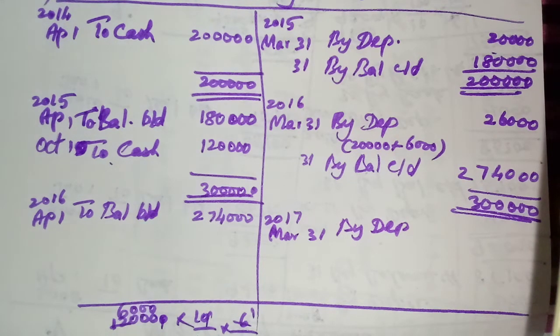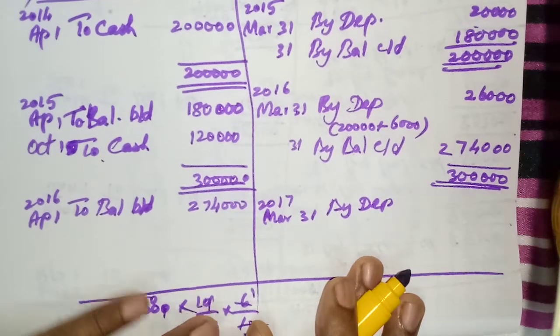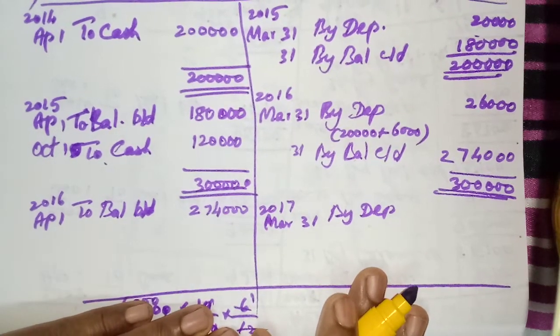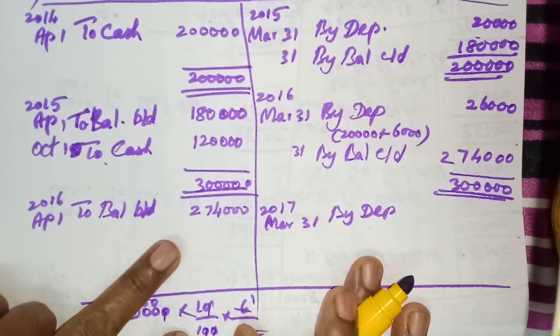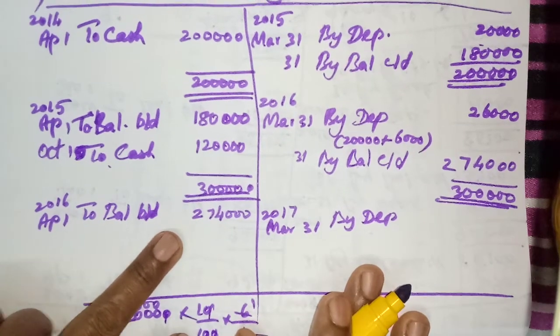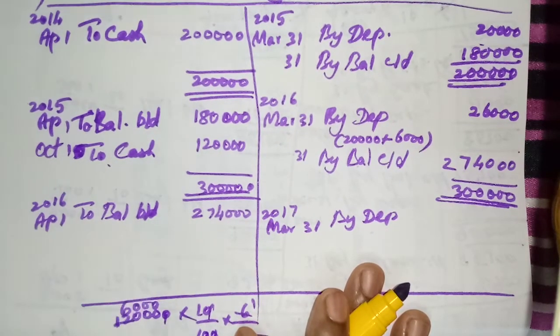April 1, 2014, 30th September 2016. So here depreciation will be 2.